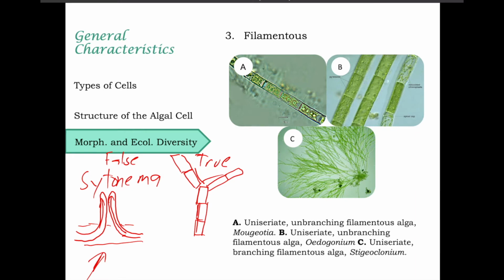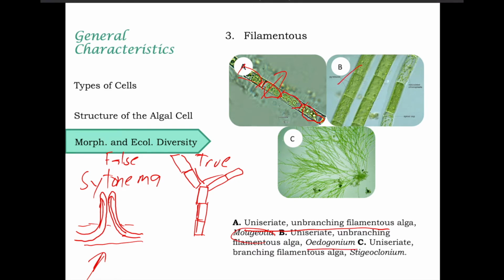Okay, so examples here are your uniseriate unbranching filamentous alga, like in your Mougeotia, just forming single cell chains. Okay, that's uniseriate. We also have your unbranching filamentous alga right here, letter B, Oedogonium.